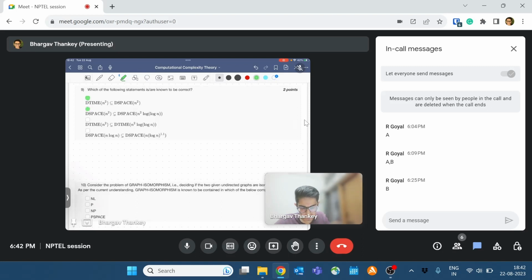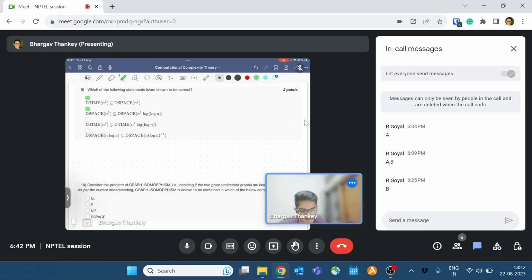Regarding the time option, if we apply the time hierarchy theorem, then I need something where log n is larger by a log n amount. Again this seems to be the case here, so option C is also correct.